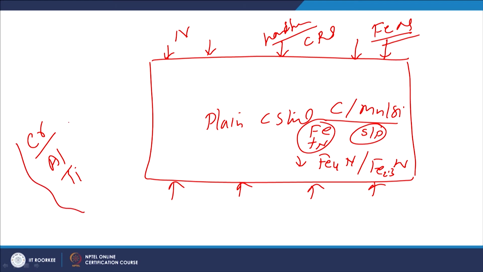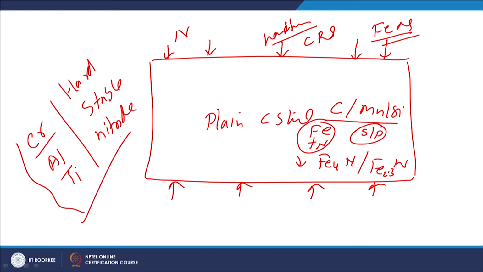These elements form very effective, very hard, very stable nitrides. So, if the steel whose properties are to be modified by nitriding has some amount of chromium, aluminum or titanium, then the effectiveness of the process will be much better.